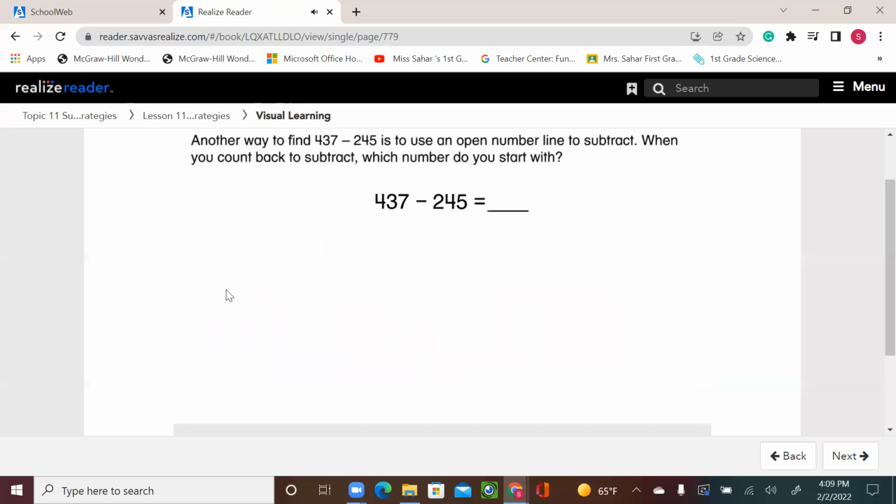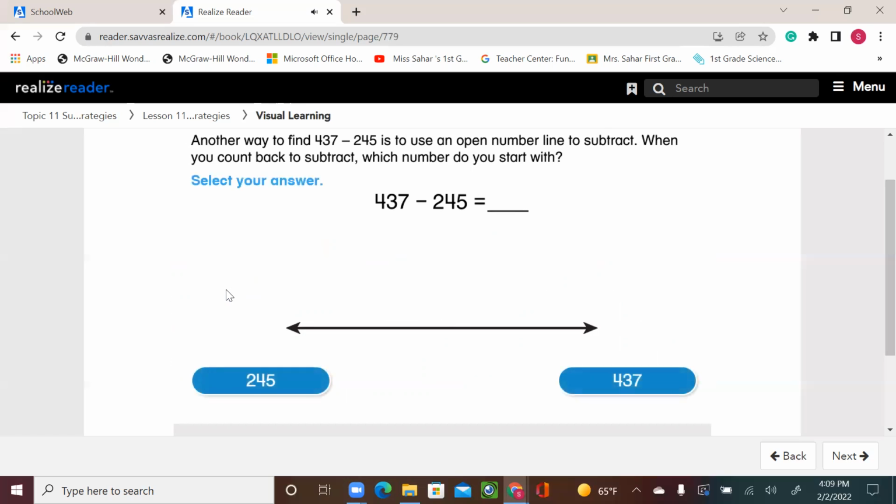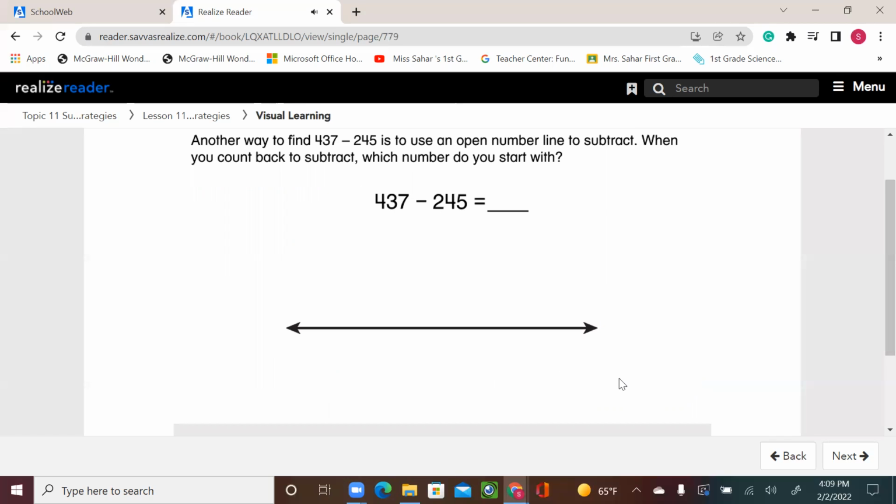Another way to find 437 minus 245 is to use an open number line to subtract. When you count back to subtract, which number do you start with? Select your answer. All right. So when we count down, we're not counting up, we're counting backward. So we're starting with the greater number, 437.